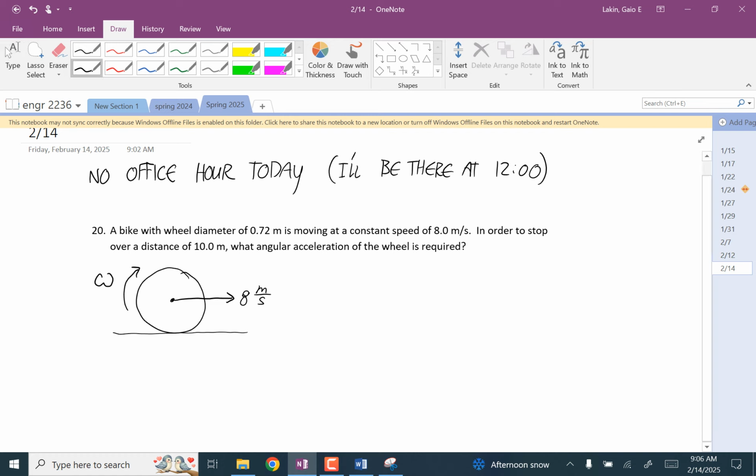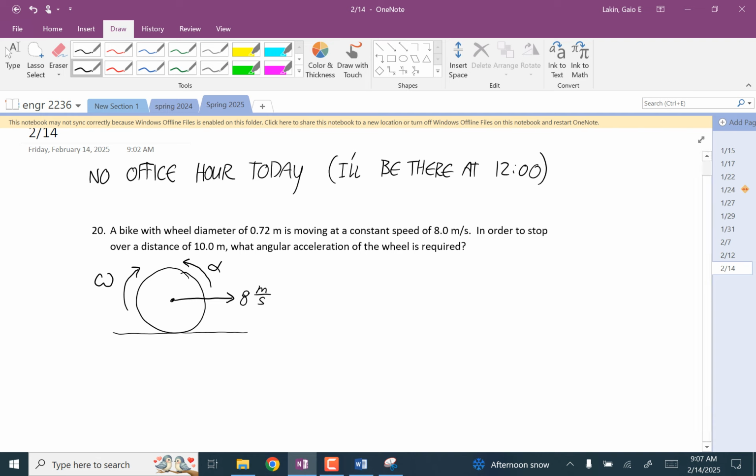Let's say, so I don't know why it says constant. If it's constant at the start and then it slows down to rest, in order to stop, it's going to have an angular acceleration in that direction.